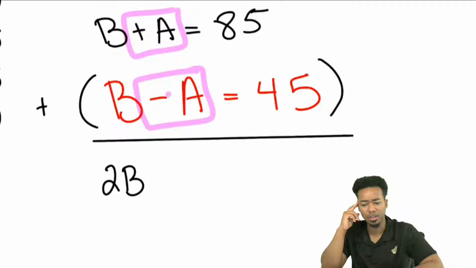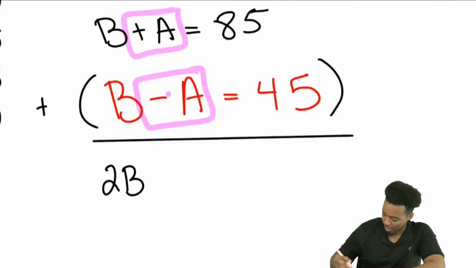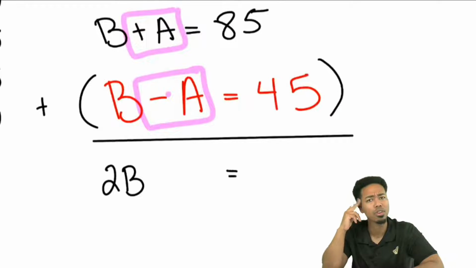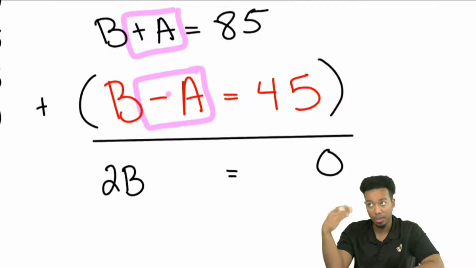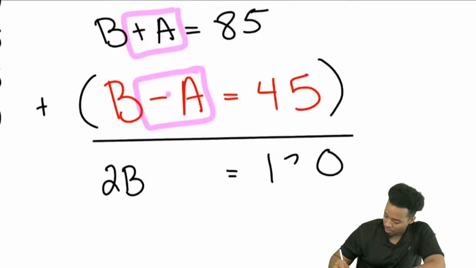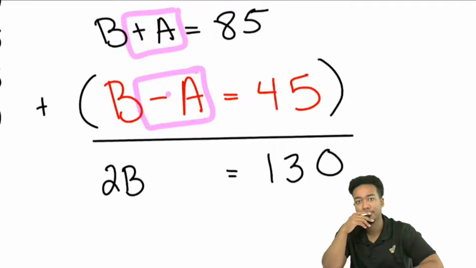Yeah, those are going to cancel out. And then what's 85 plus 45? 5 plus 5 gives us 10. Then 8 plus 4 is 12, carry that 1 is 13. So that's going to give us 130.